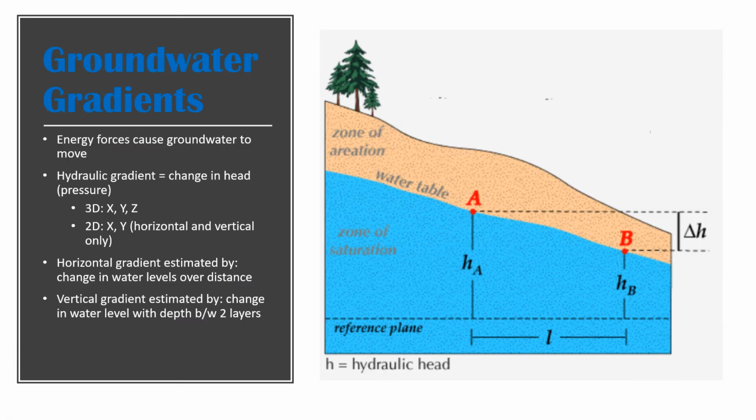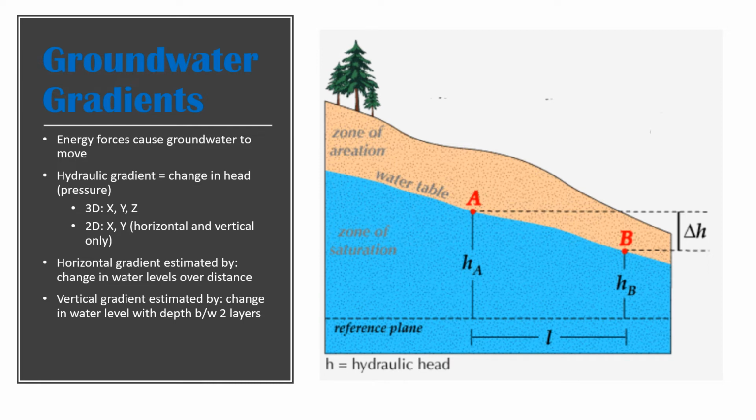The module went into how to measure and predict groundwater gradients, which is basically the energy force that causes groundwater to move. It specifically talked about the change in head or pressure, which is called the hydraulic gradient, and you can estimate that in a three-dimensional way with the X, Y, and Z, or just a two-dimensional way with the X and Y to represent the horizontal and vertical flow.